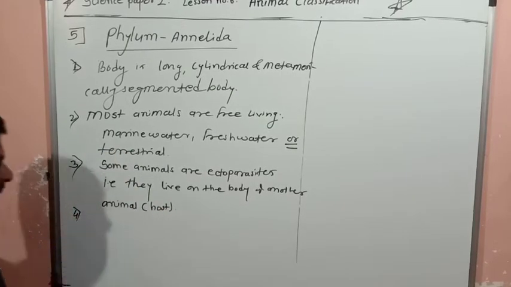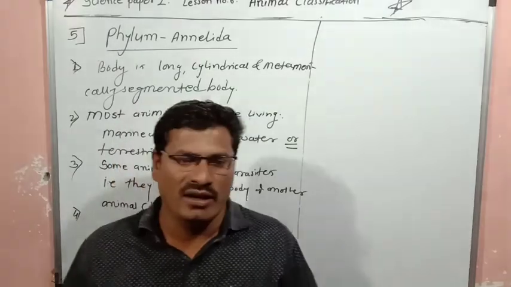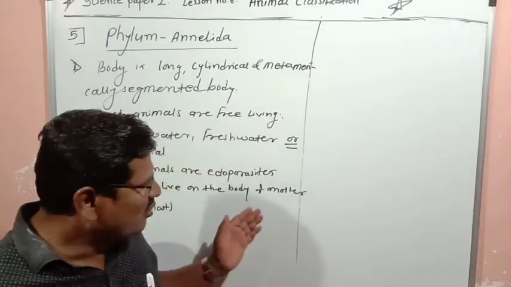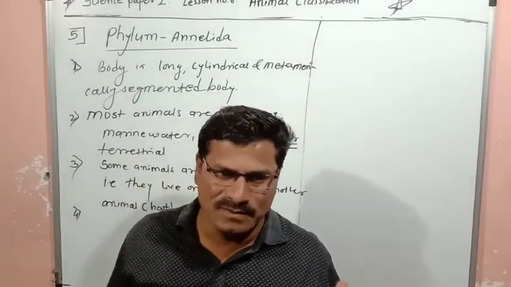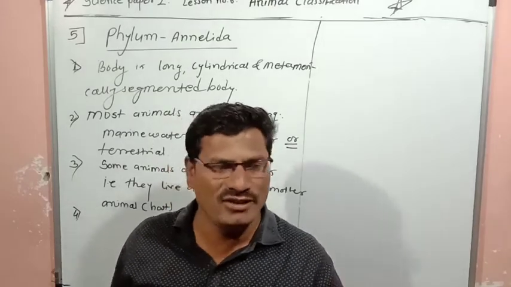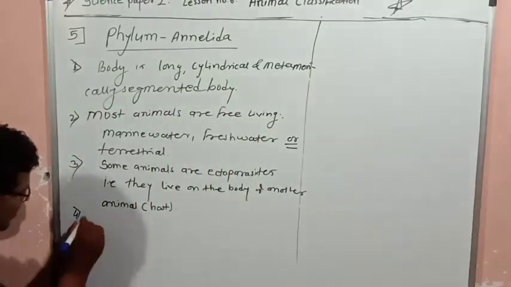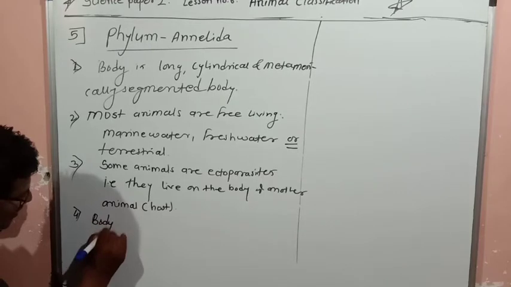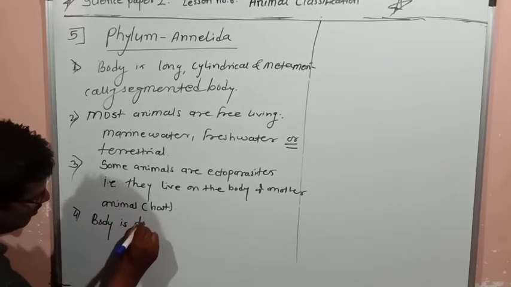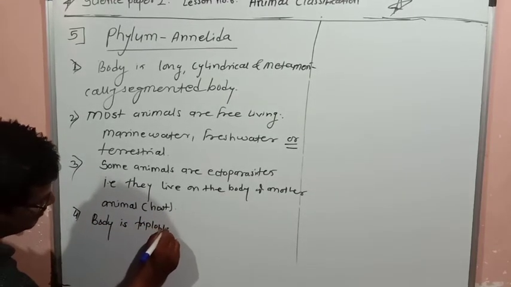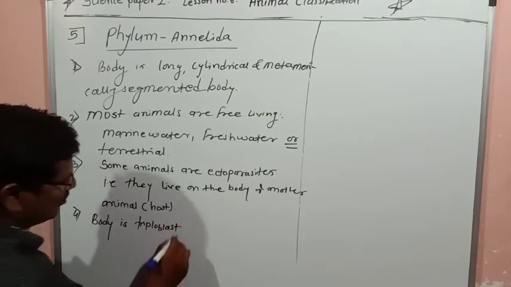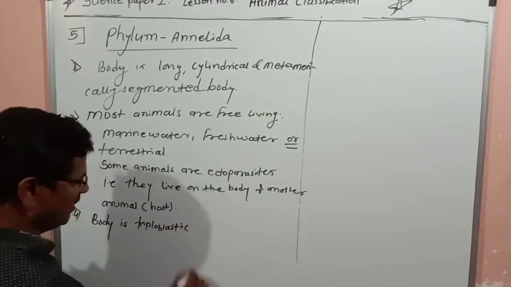The next characteristic is that the body is triploblastic, bilaterally symmetrical, and eucoelomate. We know triploblastic means having 3 germinal layers.